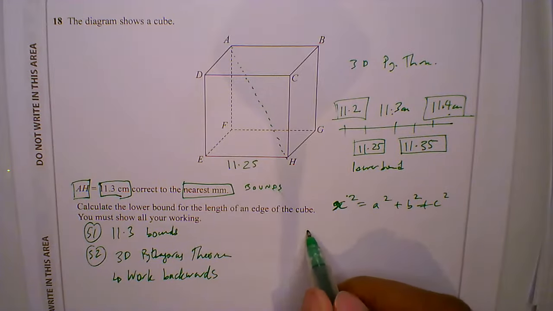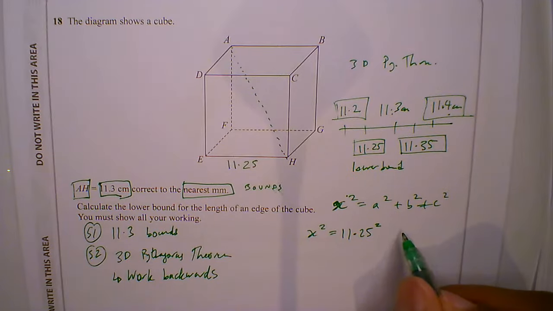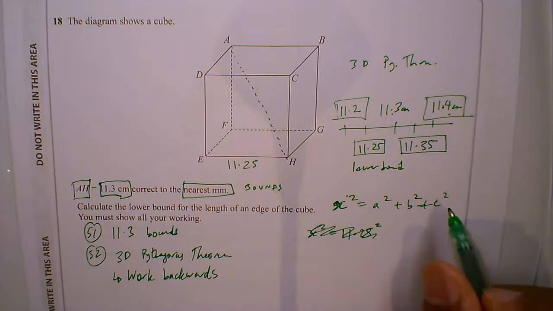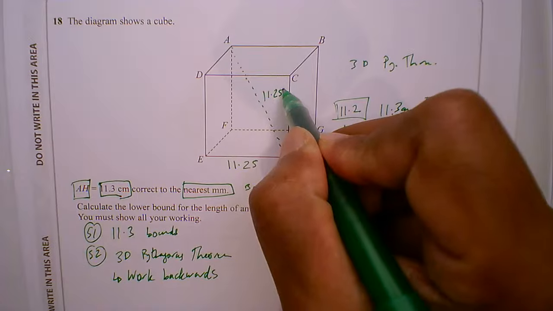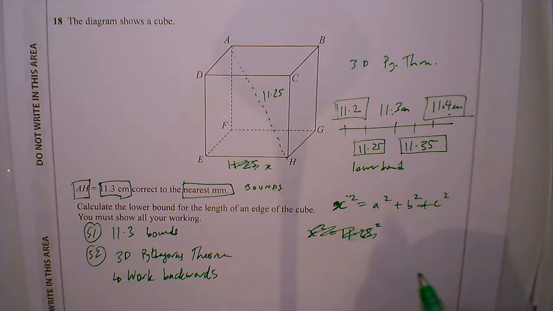So here, in other words, it's going to be 11.25 squared plus, what am I doing? I'm going backwards, so I'm doing it wrong. This is my longest side, 11.25. All right, so I don't know what these lengths are. These are unknowns.